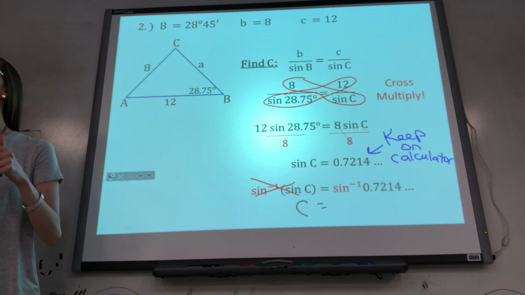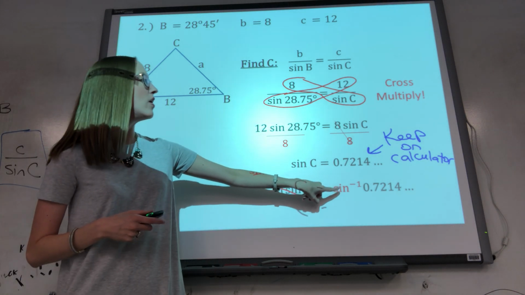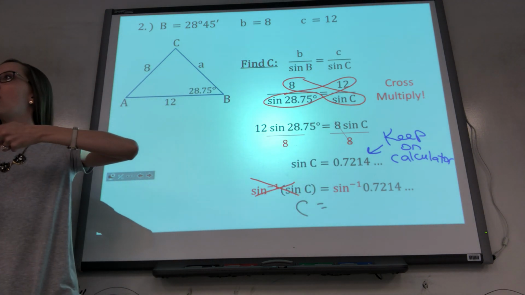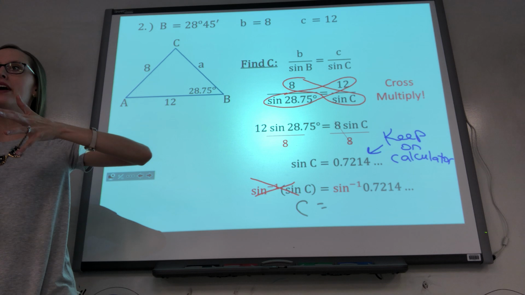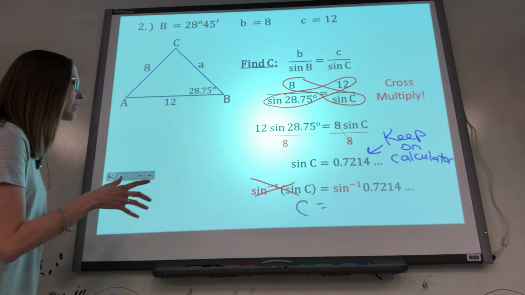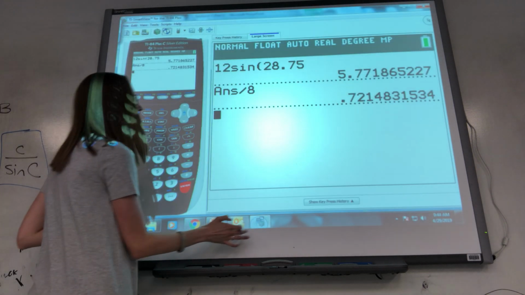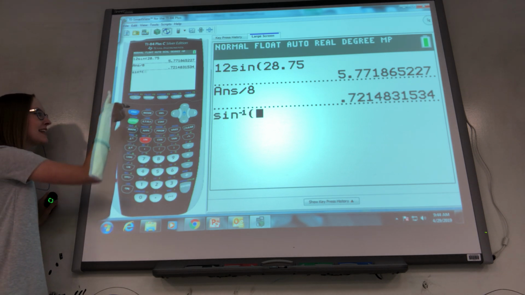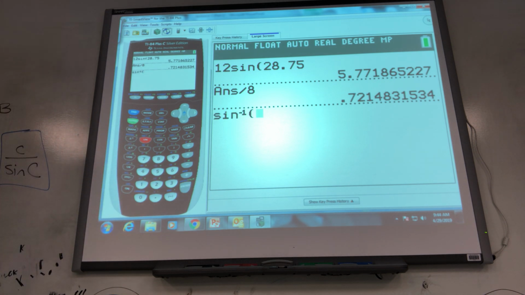And now we need to figure out inverse sine of that number that should already be on your calculator screen. Now I'm going to show you how to do this 2 different ways. I'm going to start by hitting second sine to pull up the inverse sine.